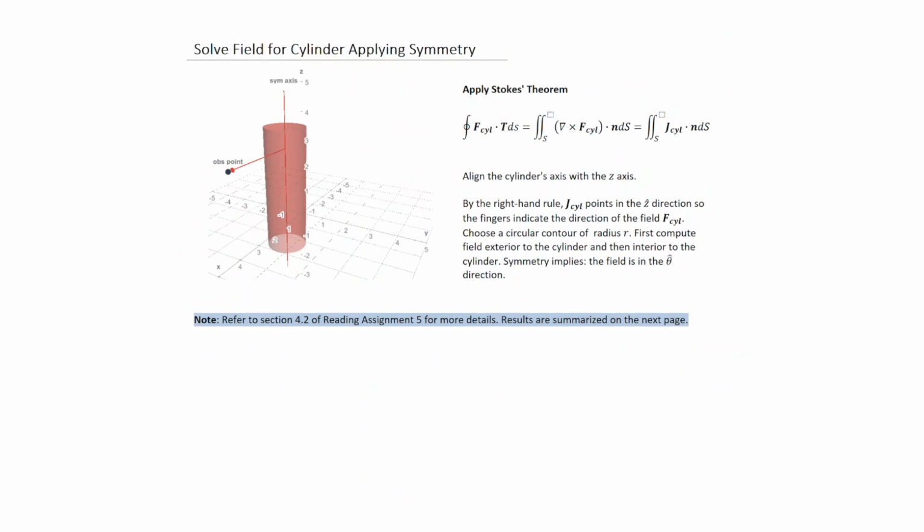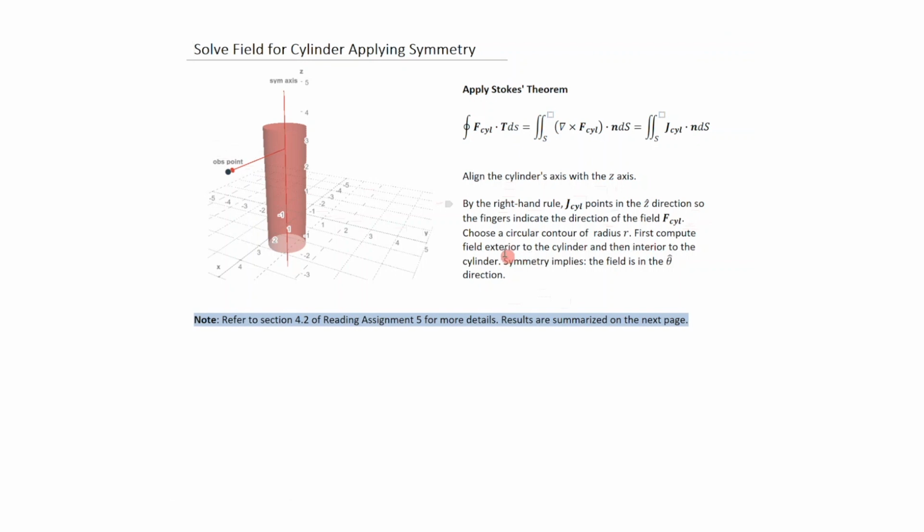Okay, so now we go ahead and look at solving the field for the cylinder, applying symmetry. What we do is align the cylinder's axis with the z-axis. That was the first step. By the right-hand rule, J for the cylinder points in the z-hat direction, so the fingers indicate the direction of the field. Choose a circular contour of radius r.